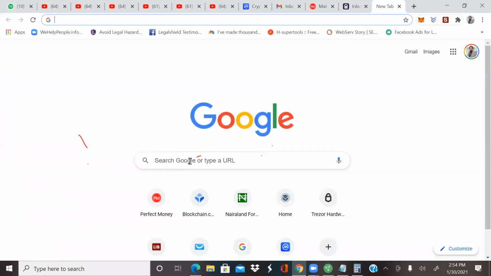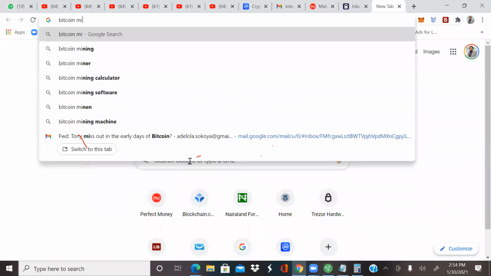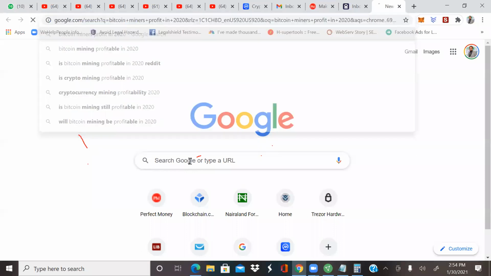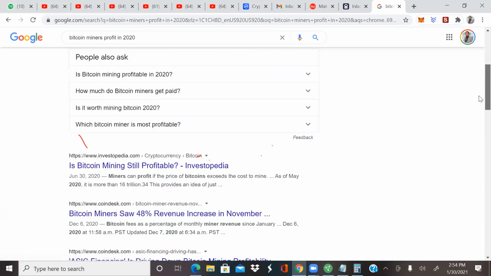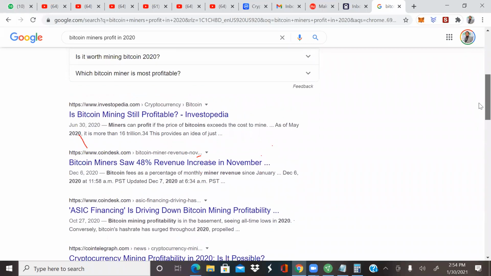Let me show you how much miners make. There's this site I'm looking for. Can you see this one?